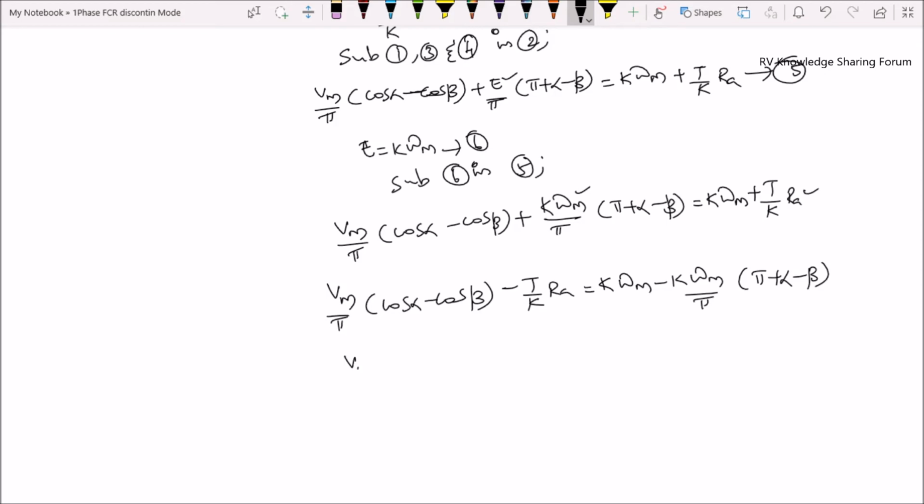So now we can write Vm by pi (cos alpha minus cos beta) minus T by K RA, which is equal to, from here we can take K omega m as a common term, which becomes 1 minus 1 by pi into (pi plus alpha minus beta). Okay, so I'm taking this K omega m term as common from these two terms.